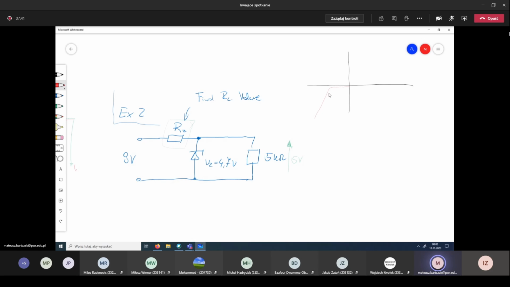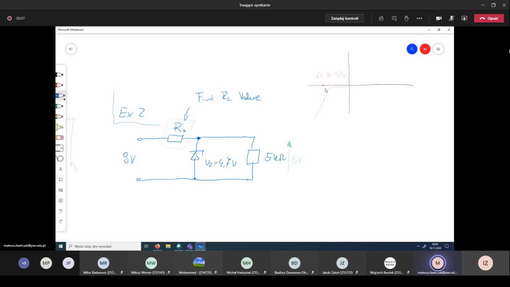So we will find that in the characteristic, Vz is equal to 4.7, and here we have the slope. So we will have 5 volts at some point, at this point, because we have the slope on the diode.